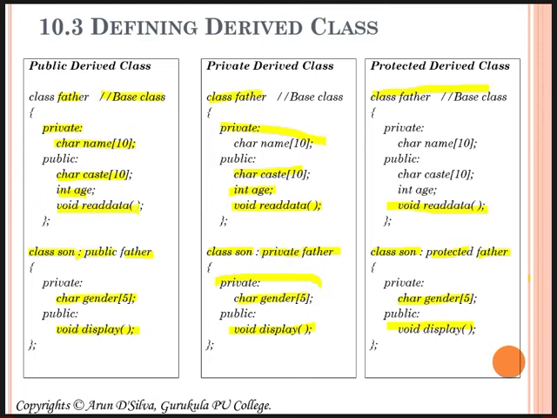The access to those member data and member functions of the base class will depend on the visibility mode in the derived class. If it is public, then it behaves in a public way. If it is private, how does it become? If it is protected, how does it become?